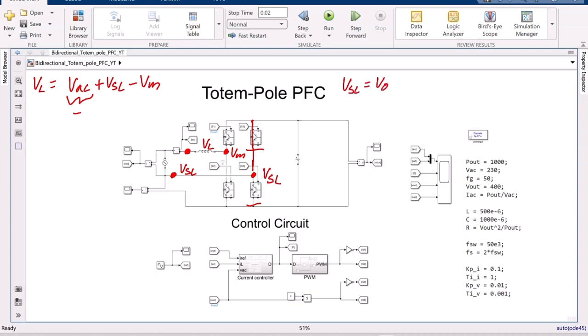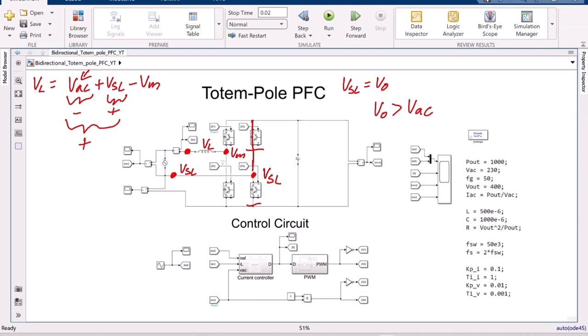And the output voltage is greater than the peak of the AC voltage. So we apply a high positive voltage, which is always higher than the negative peak of VAC.